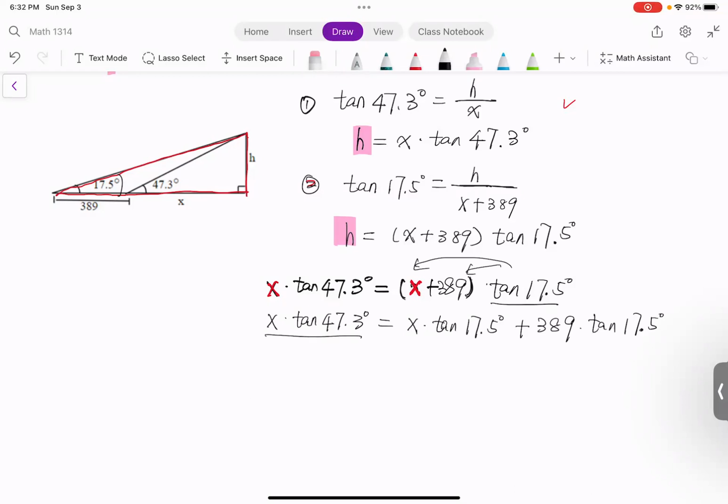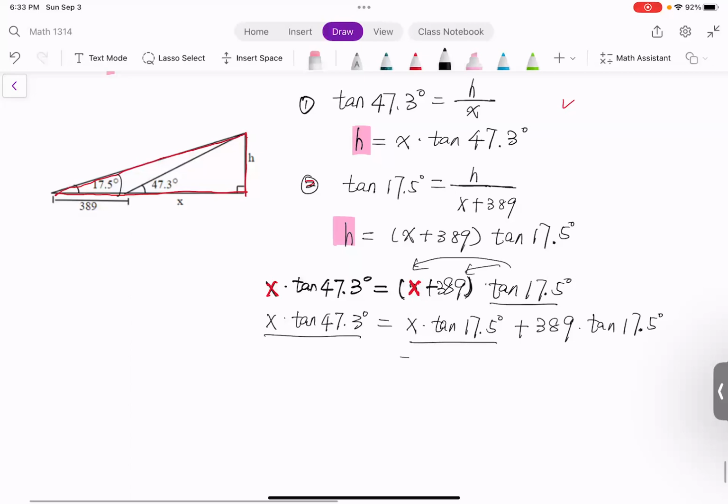So I have two terms with x. Let's move them together. I can move all the x to the left. I can subtract x times tangent 17.5 degrees from both sides.